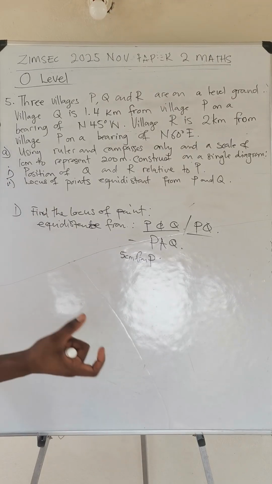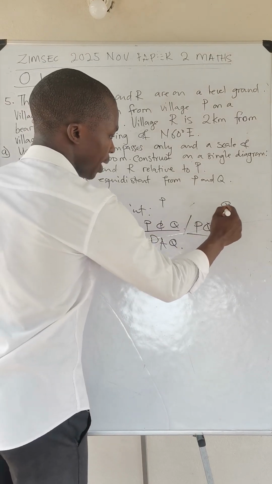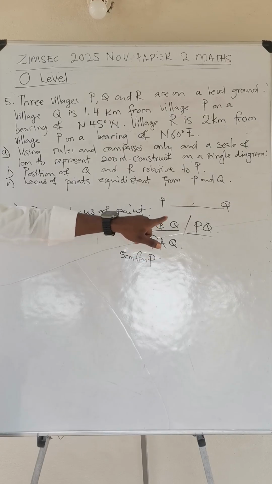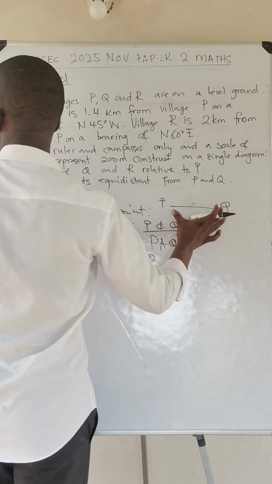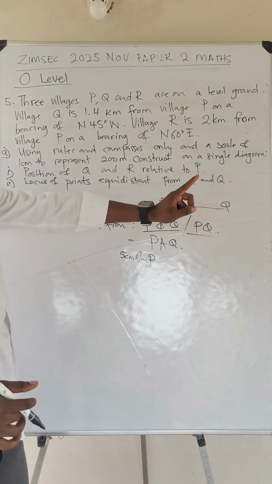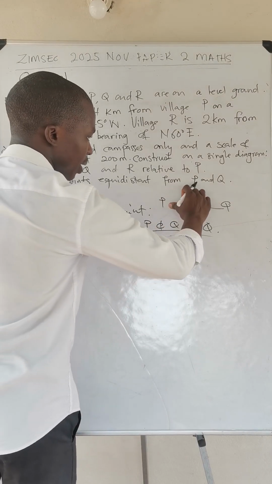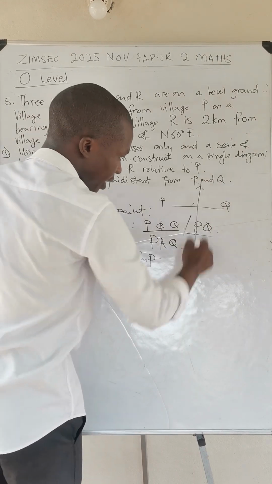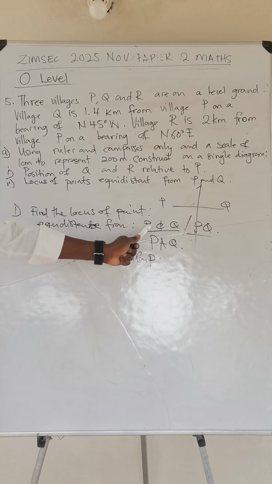They are asking you to bisect the line PQ. Take your compass and divide this line into 2 equal halves. Place your compass here, draw the arc, then here draw the arc, then you bisect the line.